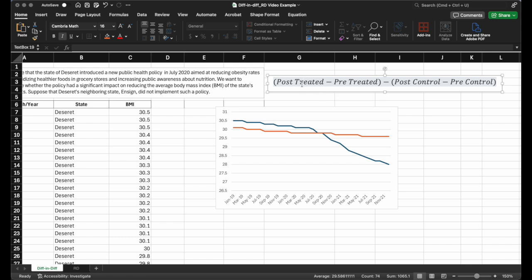So we have the post-treated, so that's the blue line after the treatment. Pre-treated is the blue line before the treatment. And then post-control is the orange line after, pre-control is the orange line before. So we want the average BMIs for each of these 4 groups, and then we're going to subtract all of this from each other, and whatever's left over is the effect size of the policy.